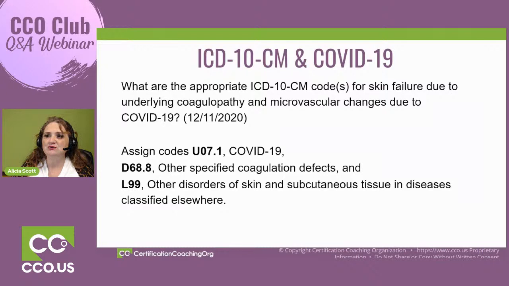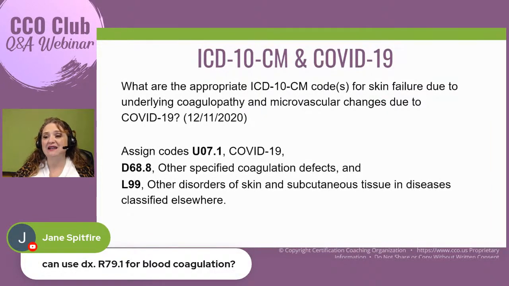Can you use R79.1 for blood coagulation? No, not in this scenario. You would not do that, Jane, because it is saying that it's due to that underlying cause of COVID, and that's unique. That's different. It's not normal blood coagulation, which is a signs and symptoms code.